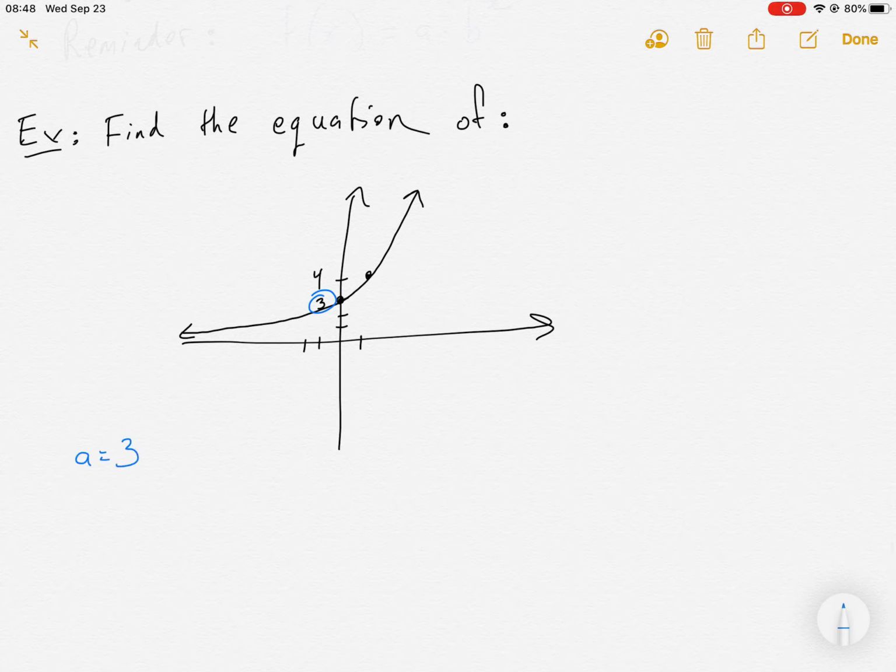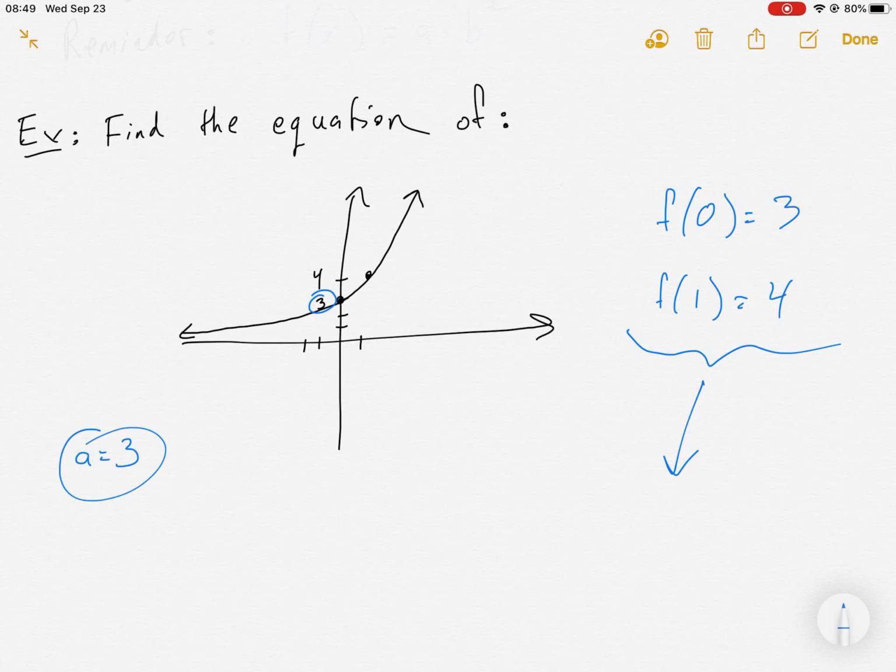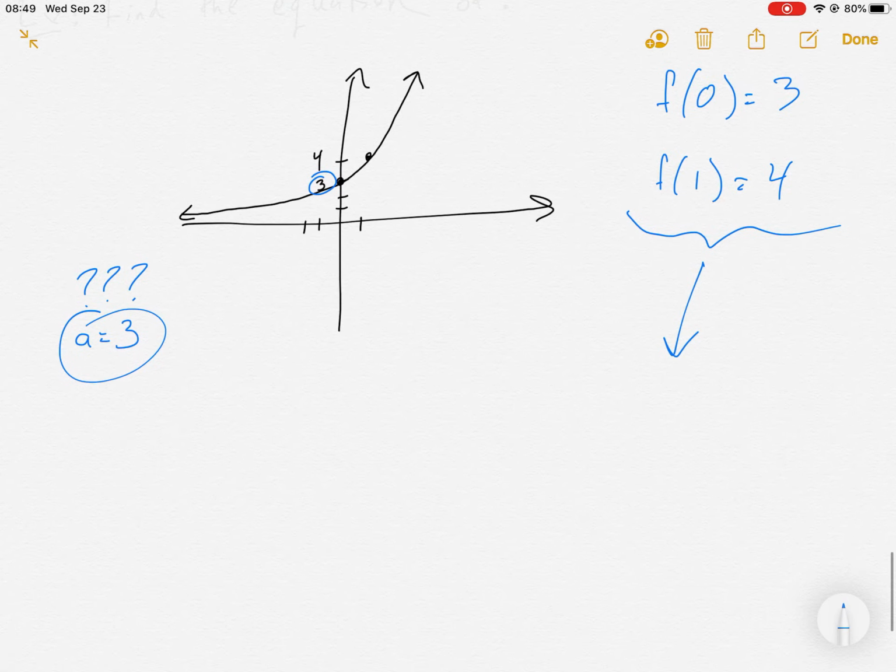If you ever forget that rule, something that will always work no matter what function you're looking at is to first set up some equations. So I know that f of 0 is 3, and I know that f of 1 is 4. So let's say you weren't sure about this, you'd forgotten that. This gives me 2 different equations.